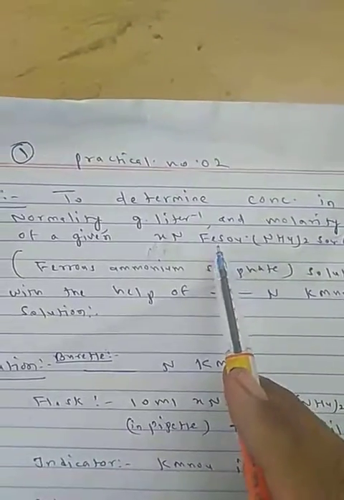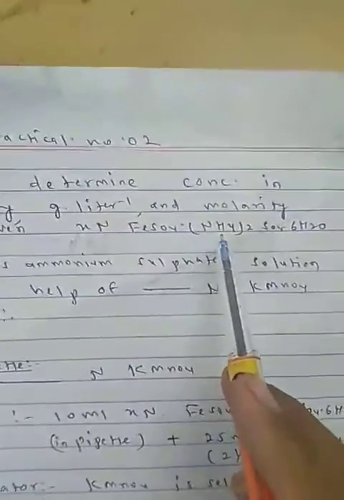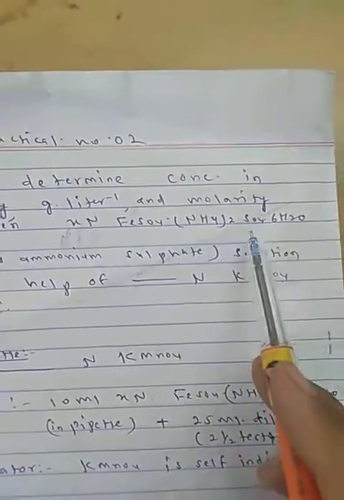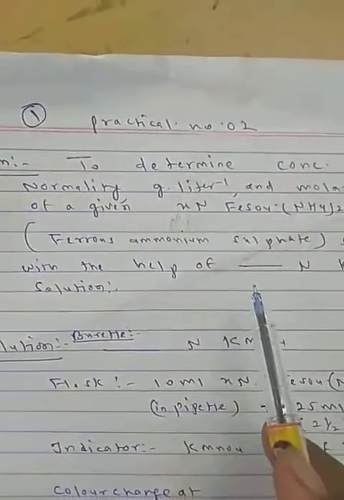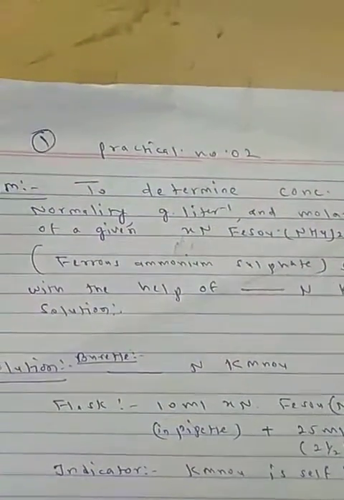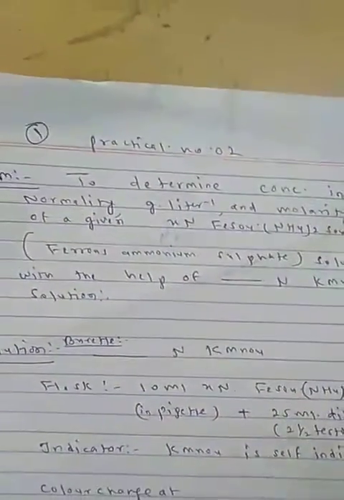You have to write the formula FeSO4.(NH4)2SO4.6H2O, ferrous ammonium sulfate, with the help of dash normal KMnO4 solution. So I will give you the normality afterwards when you attend the practical.